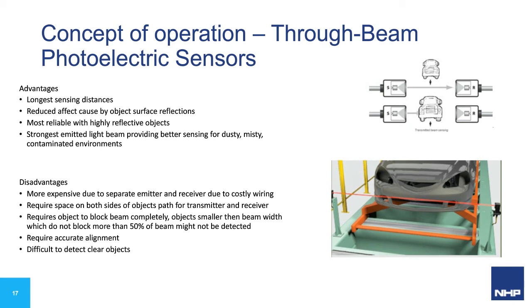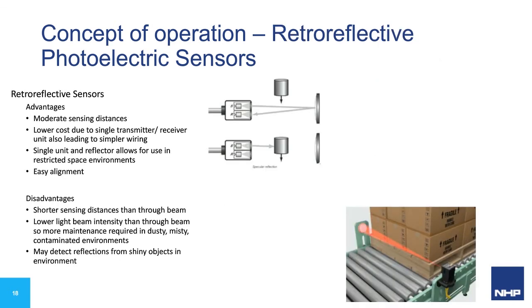Now, standard retroreflective sensors rely on the reflector directing the light back into the direction of the light source. They're actually designed to do that. Now, the advantages are they have a lower cost of unit install, as you only have a single unit and a reflector, and this also allows for use in restricted spaces. Now, also because of the reflector design, they're easy to align. As long as you point it at the reflector, you should be okay to go.